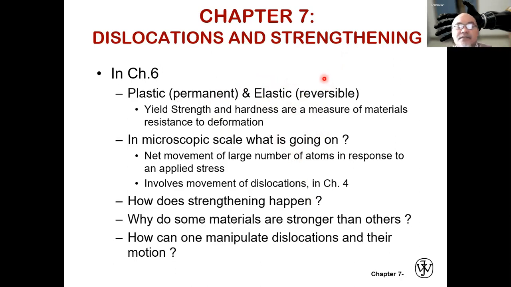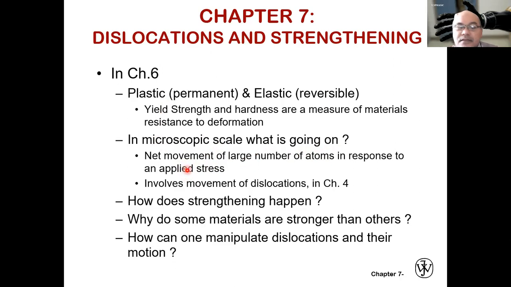This deformation we can observe on the macro scale. But what actually is going on in the microscopic scale? Of course, we have explained that the plastic deformation occurs due to the slippage between the planes in the crystalline structure, the net movement of large numbers of atoms in response to the applied stress.